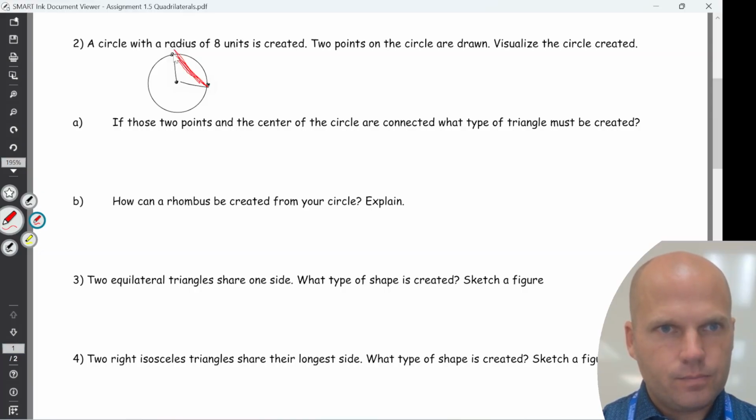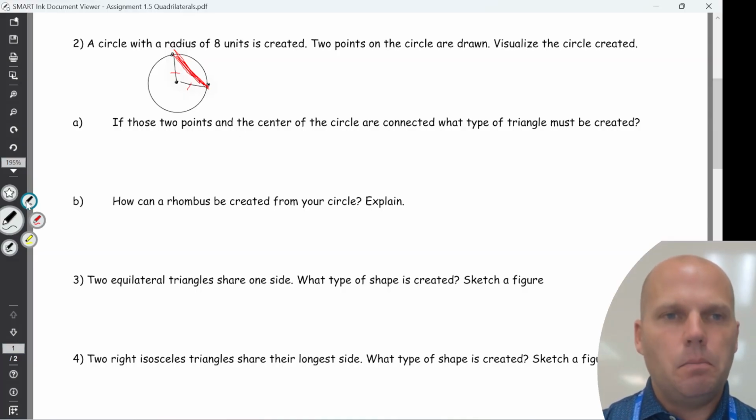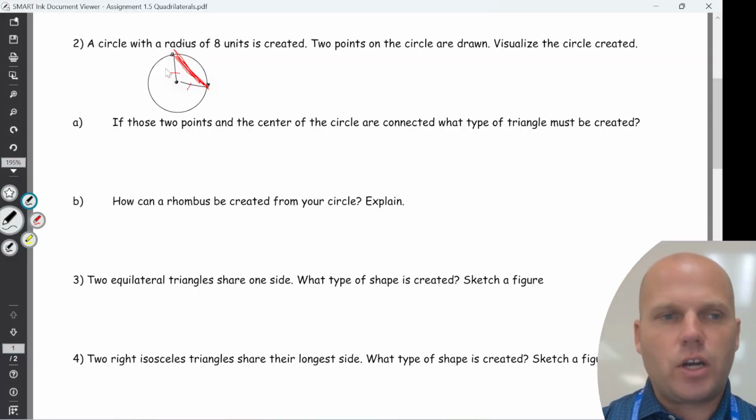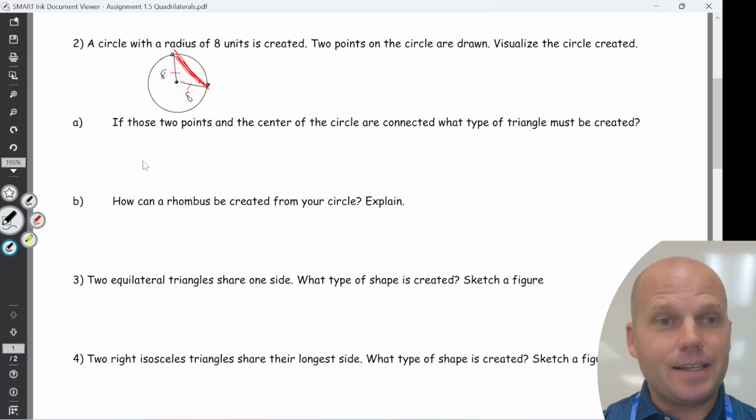Visualizing the circle: if those two points and the center are connected, what type of triangle must be created? Well, since we have a radius of 8, the two points on the circle with the center must have lengths of 8. We don't know that it's an equilateral triangle because I could put these two points anywhere, but I do know that it has to be an isosceles triangle.